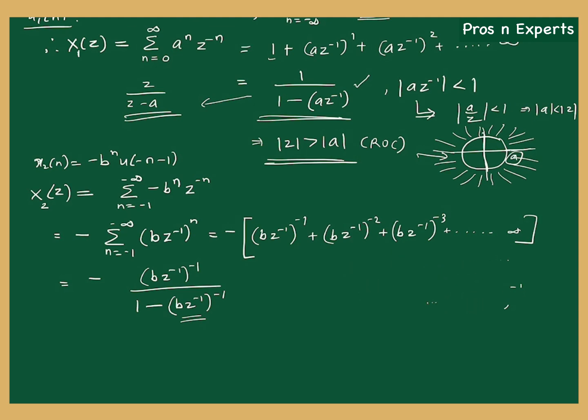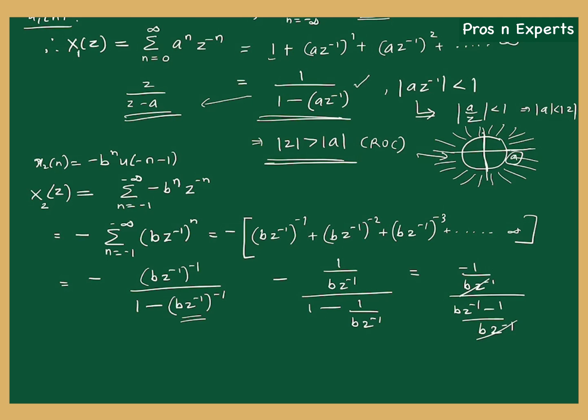So we have got it as minus b z inverse the whole inverse by 1 minus b z inverse the whole inverse. We can do a little simplification. So b z inverse the whole inverse is 1 by b z inverse, divided by 1 minus 1 by b z inverse. We can take the LCM. This is equal to minus 1 by b z inverse divided by b z inverse minus 1 by b z inverse.